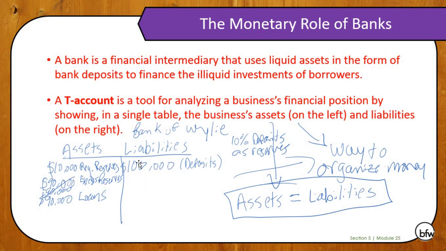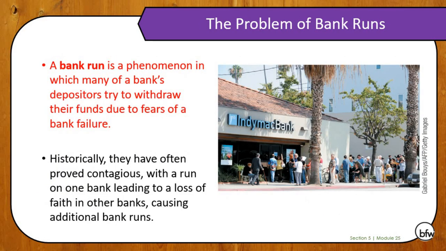Let's say everybody tries to get their deposits out at once. The bank owes us $100,000 technically. They're not going to have the cash on hand to do that. So that becomes a huge problem for banks.